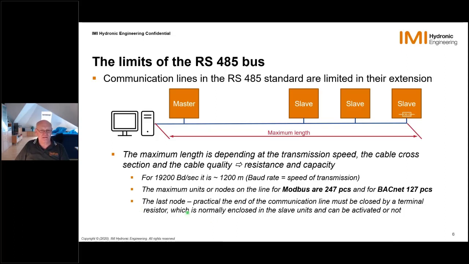The last slave or node is practically the end of this communication line. And it must be closed by a terminal resistor. This terminal resistor is normally enclosed in most of the slave units and can be activated or not.